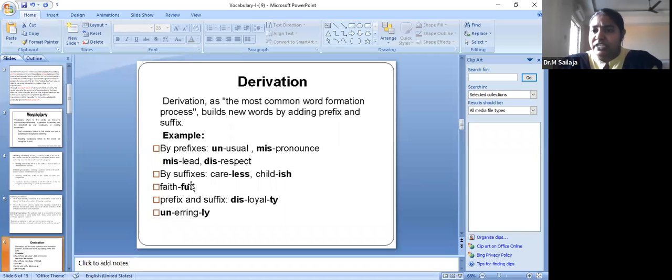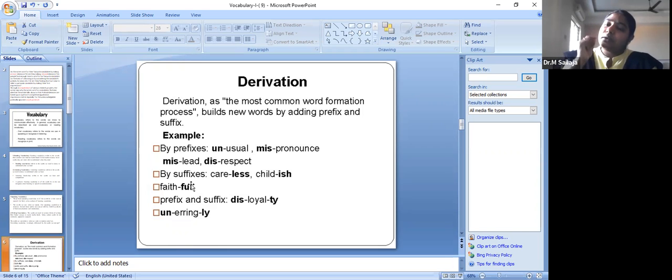What is this word derivation? When we have a particular word and its meaning, that will be called a root word. For everything, a root is important.